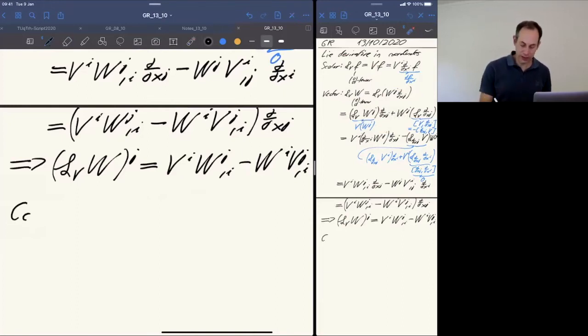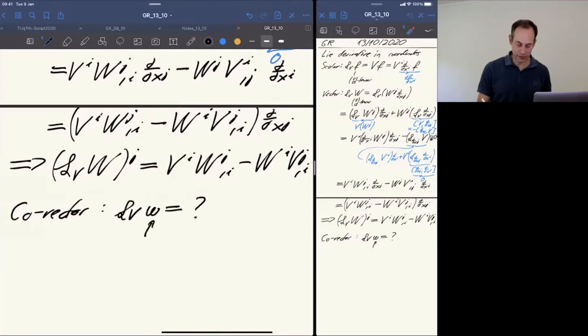So if you understand how the Lie derivative acts on a covector, on a (0,1) tensor, then we understand essentially everything about the Lie derivative. So I take this ω to be a (0,1) tensor. Before we had a (1,0) tensor.